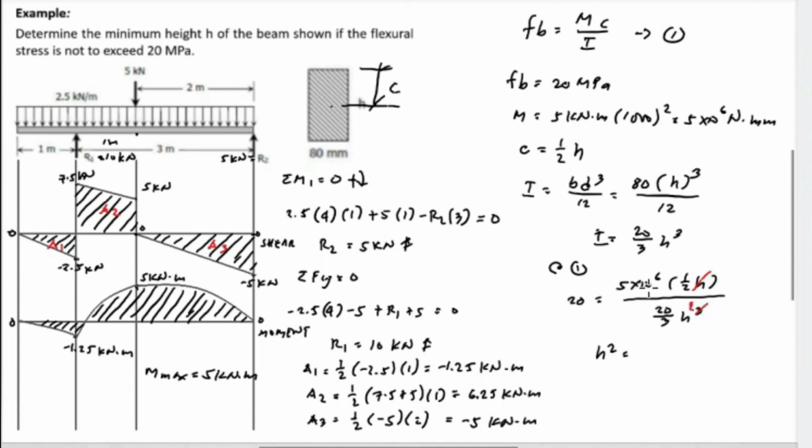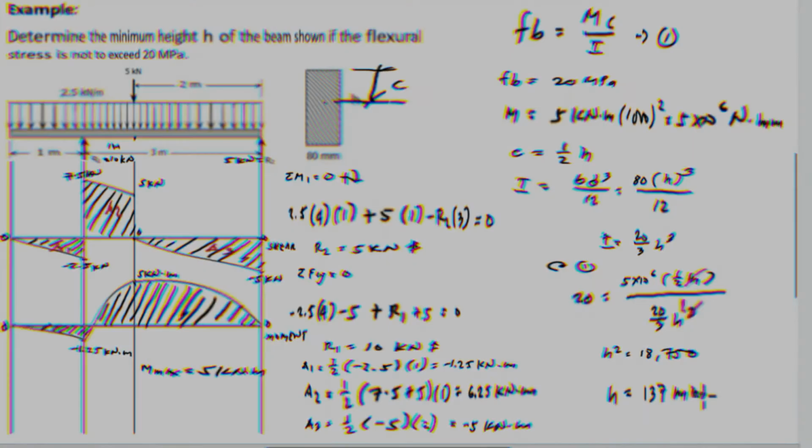So 5 times 10 to the power 6 times 3 times 0.5, and we divide by 20 and divide by 20. We have H squared is equals to 18,750, and we find the value for H. The square root of 18,750 is equivalent to 137 millimeter.